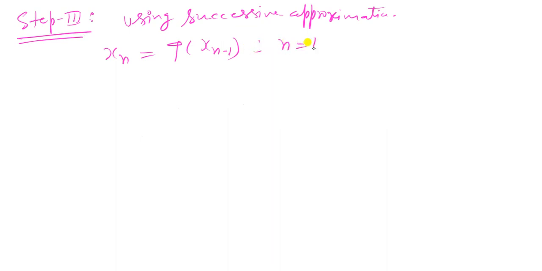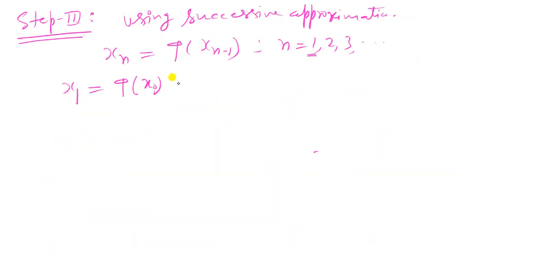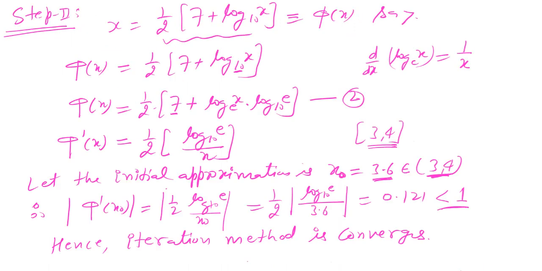Here n is equal to 1, 2, 3 and so on. So when we put n equal to 1, we obtain the first approximation, which is denoted by x1. So x1 is phi of x naught, and here we consider x naught as 3.6. So this value is equal to phi of x naught.